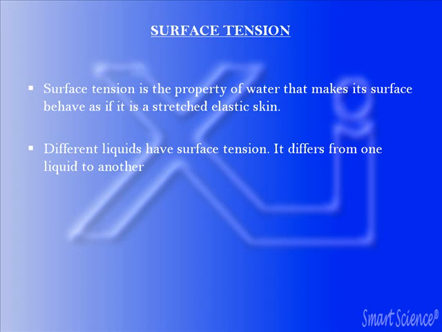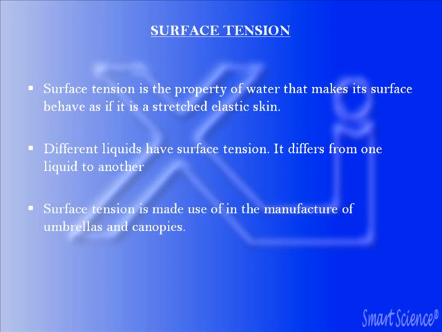Now, surface tension is made use of in the manufacture of umbrellas and canopies. So when you stretch the material of an umbrella so tightly, water will fall on the outside of it, but because of the surface tension as a property, the water doesn't penetrate into the fiber of the umbrella, so the water quickly runs off the surface and then falls to the sides of the umbrella.